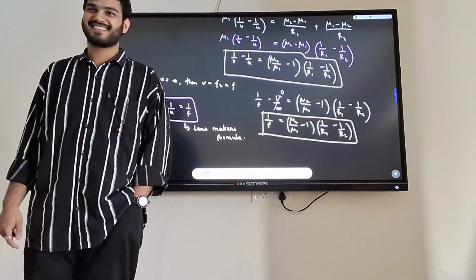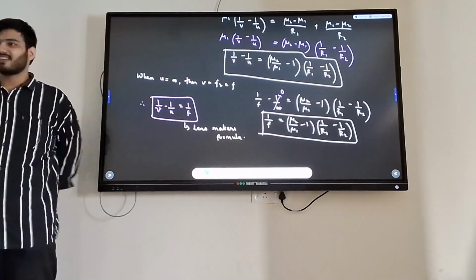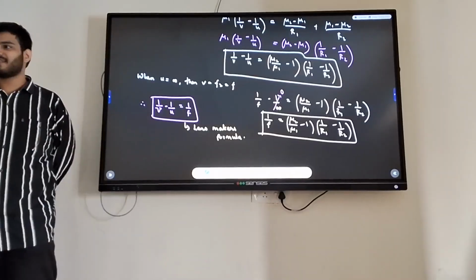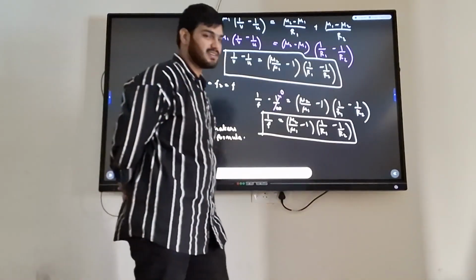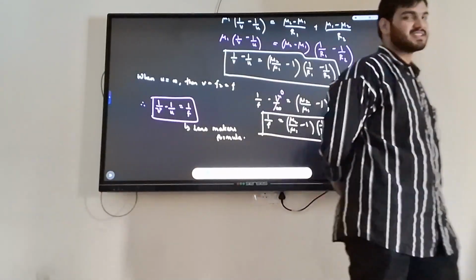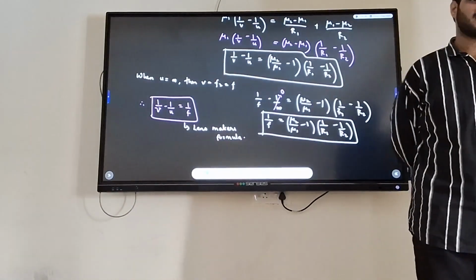Anyways, this is the lens maker formula. We found a relation between u and v such that if you have some kind of object distance, you can always find the v. That's good.